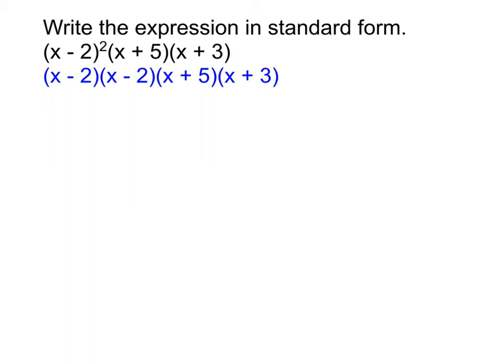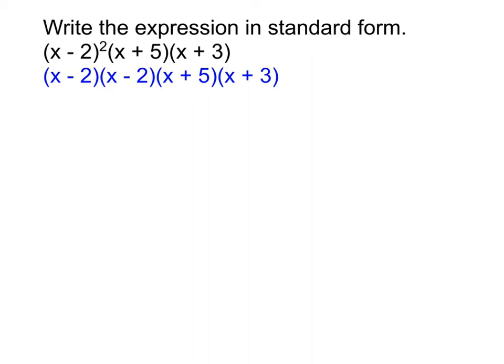Now you could do this a couple different ways. You could go ahead and multiply these two together, and then take that result and multiply it by the x plus 5, and then take that result and multiply it by the x plus 3. But that's more difficult than it really has to be.